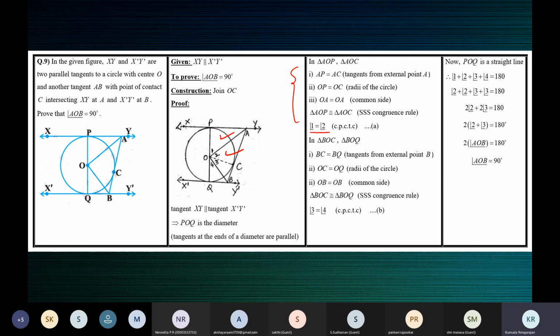And see here, 1 is equal to 2, CPCTC. Then the other two triangles' congruency is explained. Then 3 is equal to 4, CPCTC. Then 1 plus 2 plus 3 plus 4 is 180. Then what we just understood.